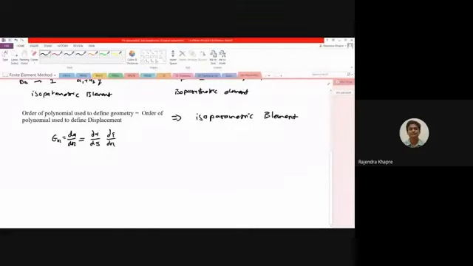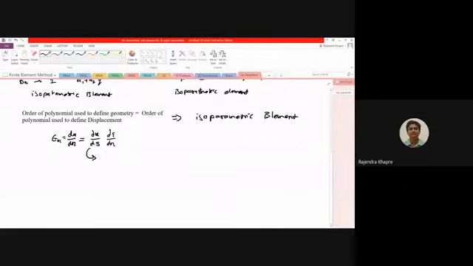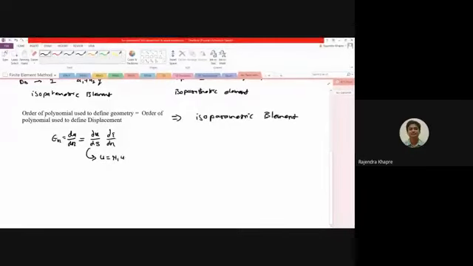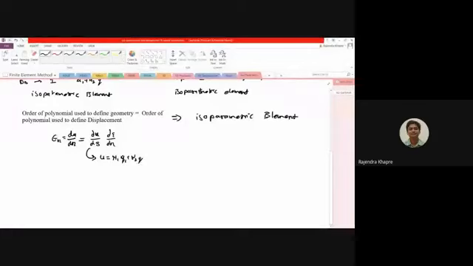Okay, so now here you have to use du by dxi. So for this purpose you will be using the expression which is used for displacement. Okay, so what was the displacement equation? Displacement will be something like N1 q1 plus N2 q2, if you are using a two noded bar element like this.